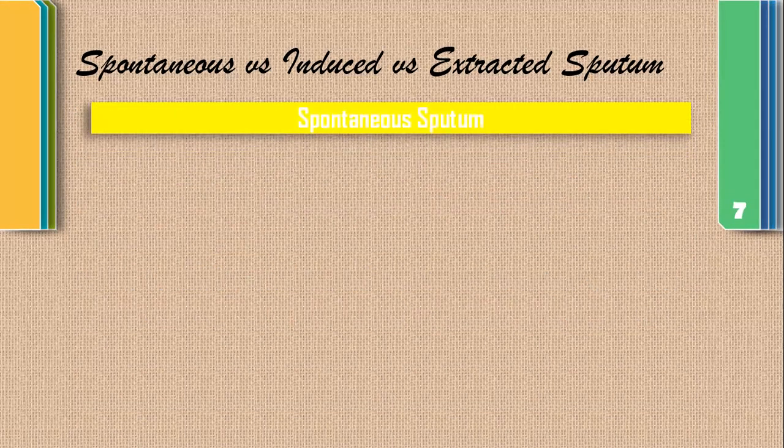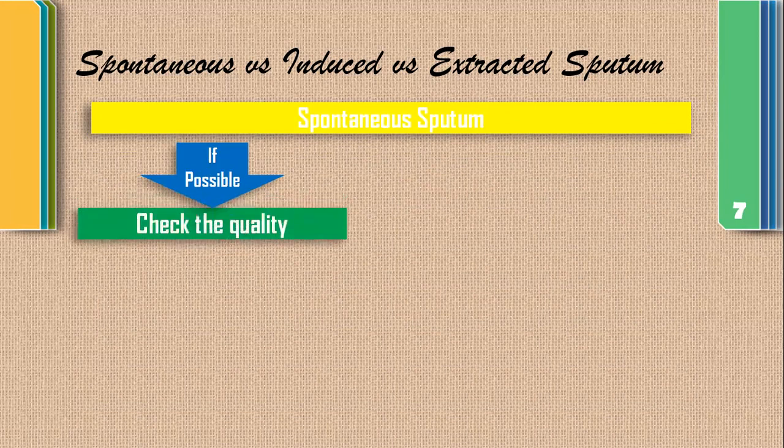So how do we perform these? The first thing is that we have to tell the patient, if possible, to expectorate sputum for the test. If it is possible and we obtain the sample, then we have to check the quality first.